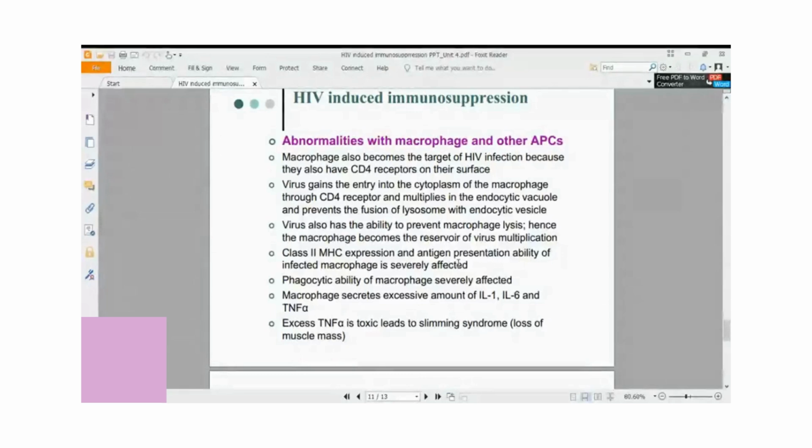And this is the terminal stage of the HIV infected person, which is brought about through the antigen presenting cells, which have become useless, have become the reservoirs of HIV infection, because they are unable to process the virus and destroy the virus, because of the virus's inherent ability to prevent fusion of the endocytic vesicle with the lysosome.